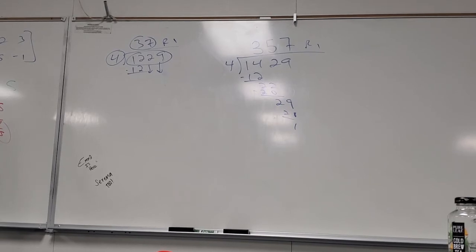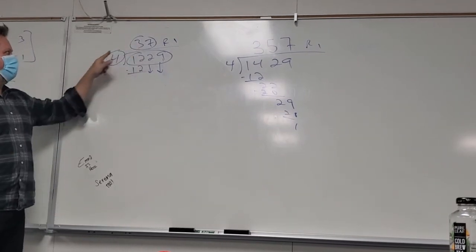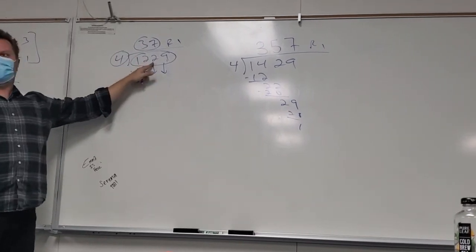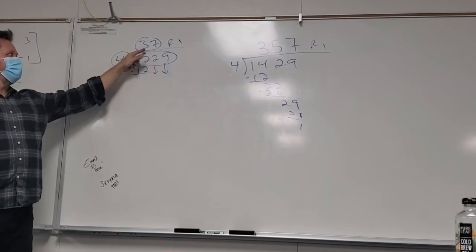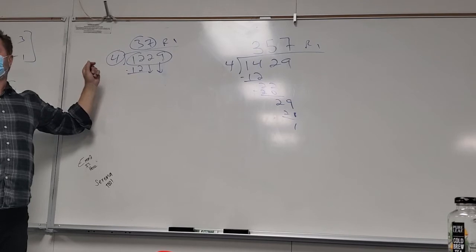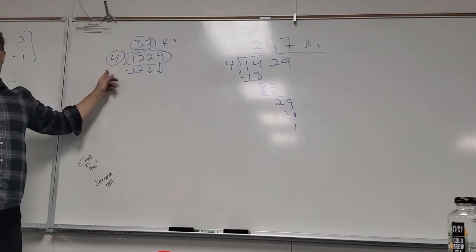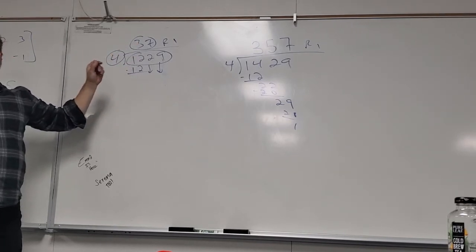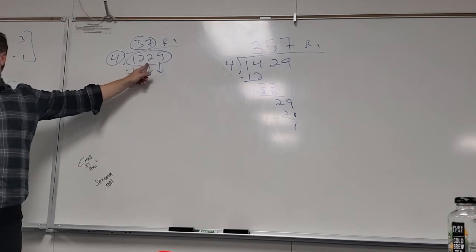Can you use estimation to see if the answer makes sense? Well, if the division was done correctly, then the answer I got times the thing I divided by should be close to this. And of course, you can do 40 times 4. What's 40 times 4? 160, which is nowhere near this, right?